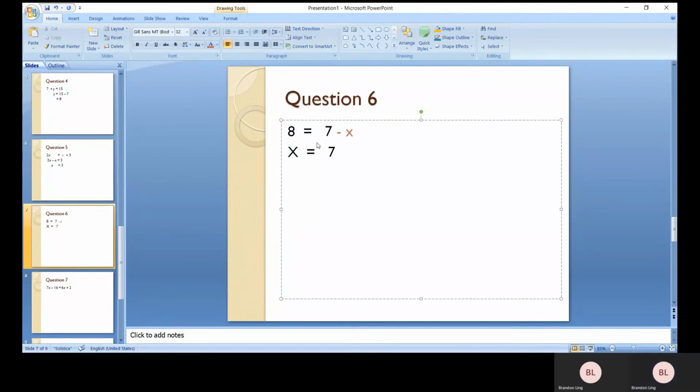So 7 minus 8. The 8 on your left side, when you move it to your right side, becomes a negative 8. Therefore, when you change from left to right or right to left, you need to change the sign. So the final answer will be negative 1.